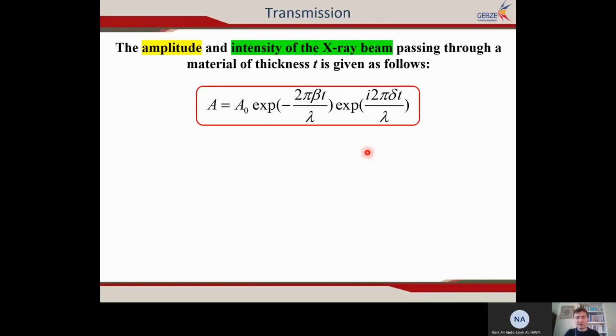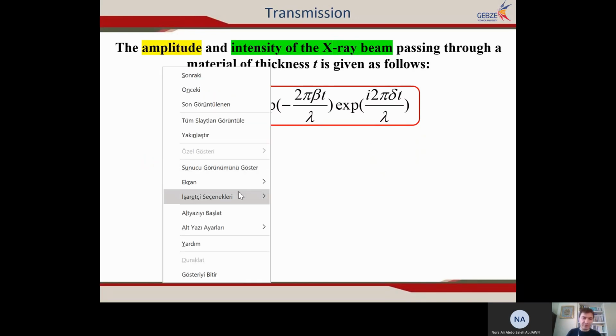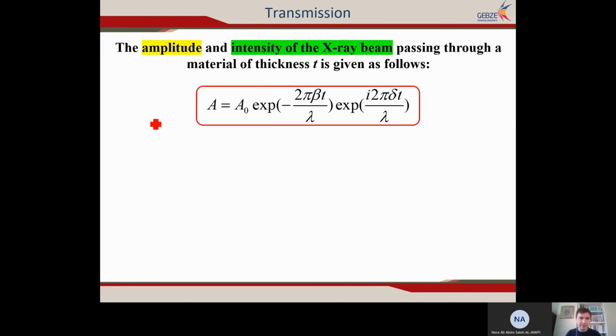Now let me continue with the transmission, how to define transmission. So what is the meaning of transmission? Let me first of all draw a sketch here. So let's consider that here we have a material and this material has a certain thickness T. And here we have an X-ray beam with some certain intensity and with some certain amplitude.